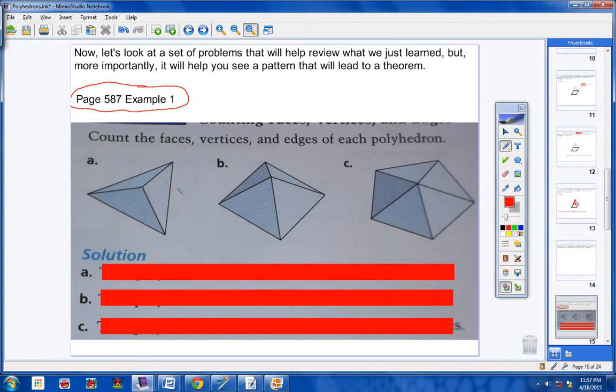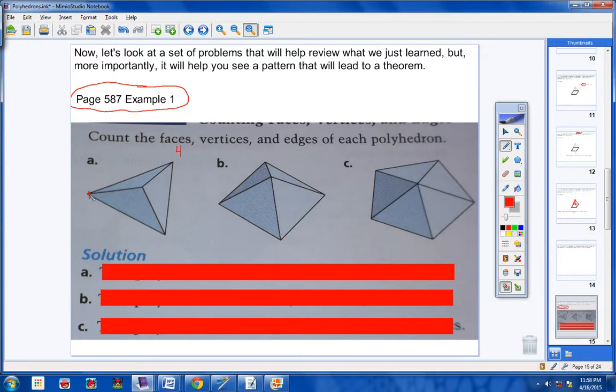Let's start with letter A. We're going to count the faces, the vertices, and the edges. So here we go. The faces would be, well, there's a triangular side here, triangular side here, triangular side here, and then a base that it's sitting on at the bottom. So it looks like four faces to me.